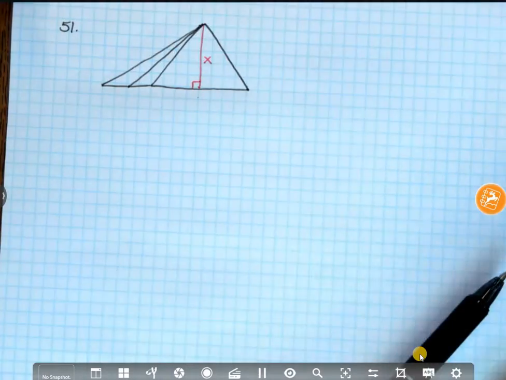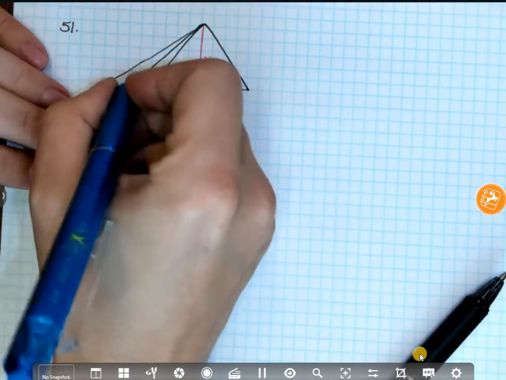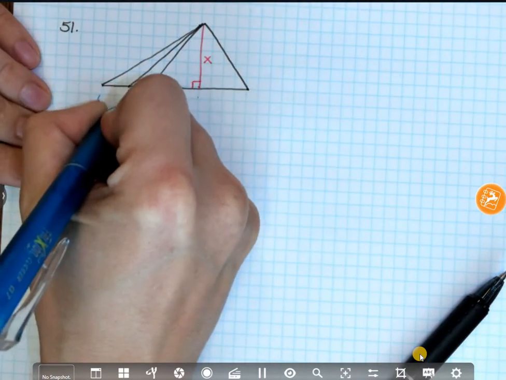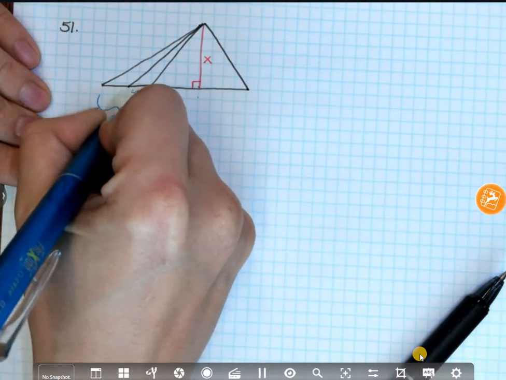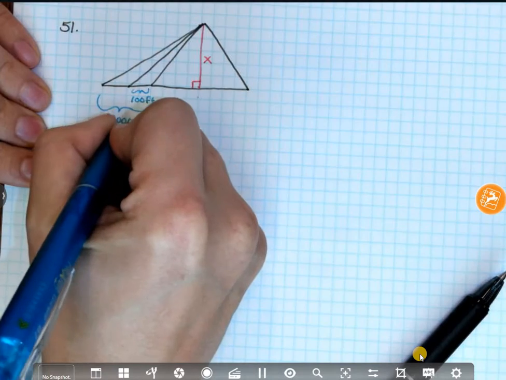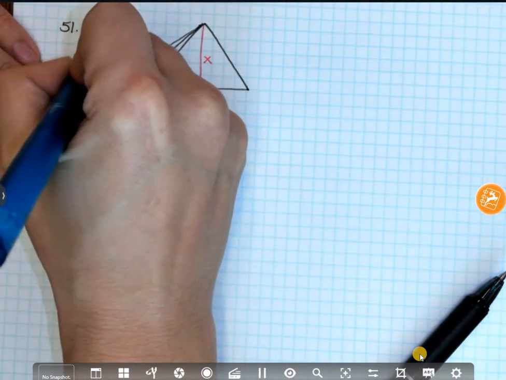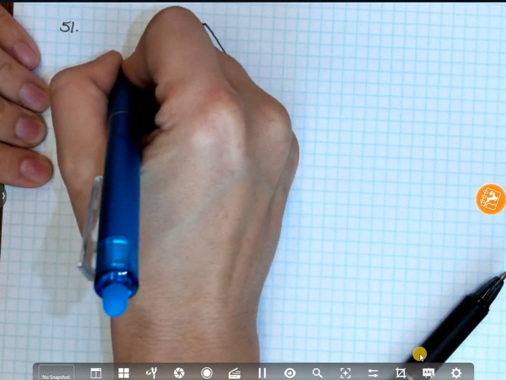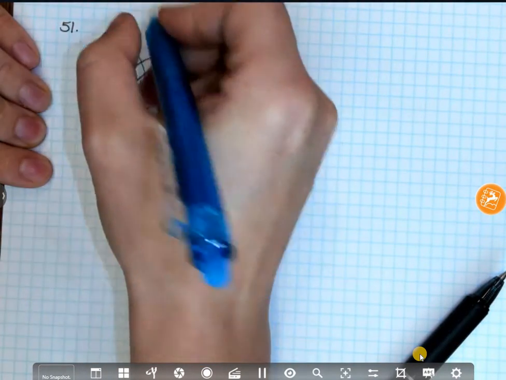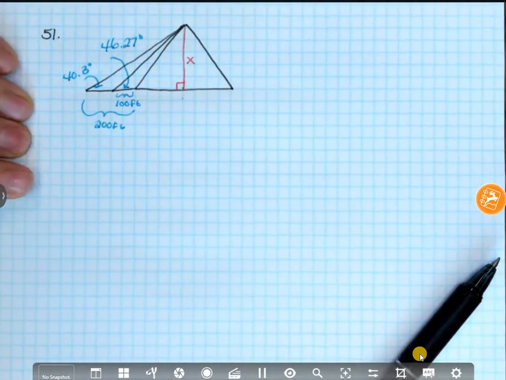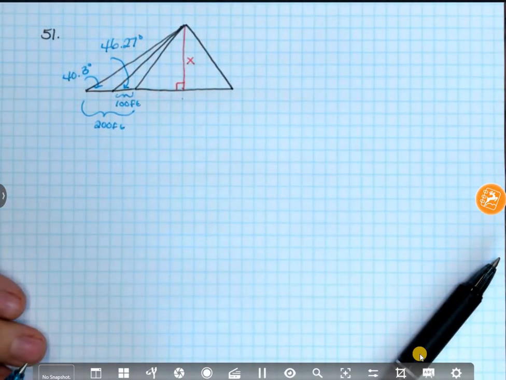I have this piece here is 100 feet. That piece there is 200 feet. That angle is 40.3. And that angle is 46.27 degrees. And we're looking for the height.